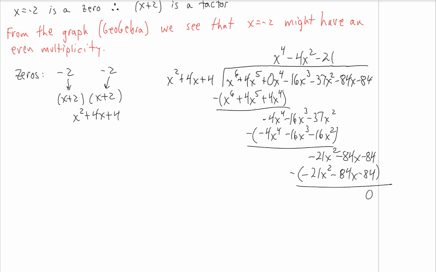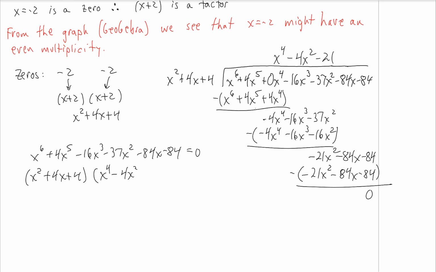So now, this polynomial, we know it factors into this quadratic and this quartic. But this quartic is of quadratic form, so we can factor it. And now we're left with these two quadratics.